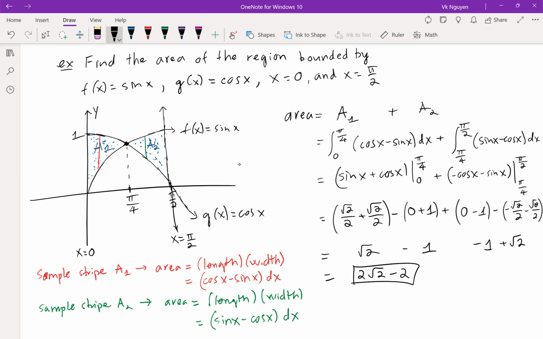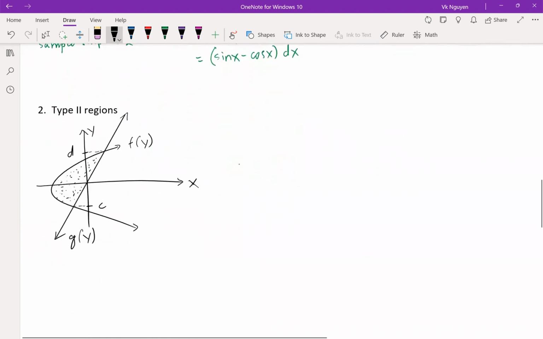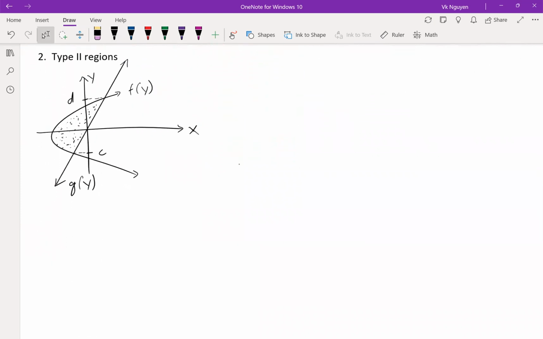Oh, pretty cool, huh? Okay, let's take a look at type 2 region. So in type 2 region, we would have the area between two functions in terms of y. And we will get something like the picture below.